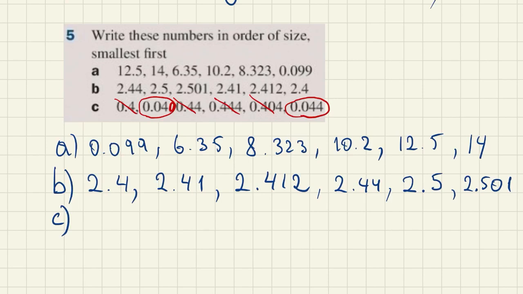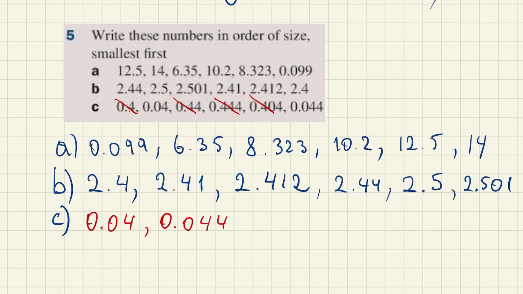And 40 is obviously less than 44. So we write 0.04 is our smallest number. And next one is 0.044.